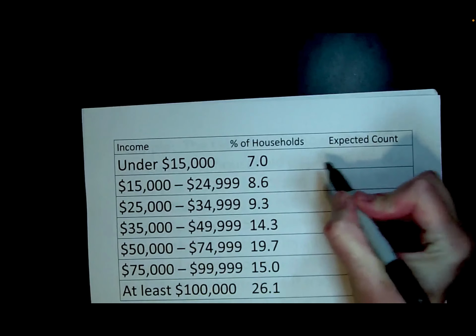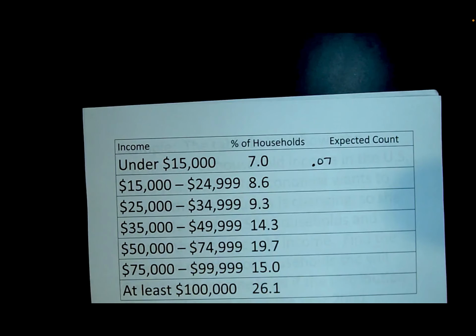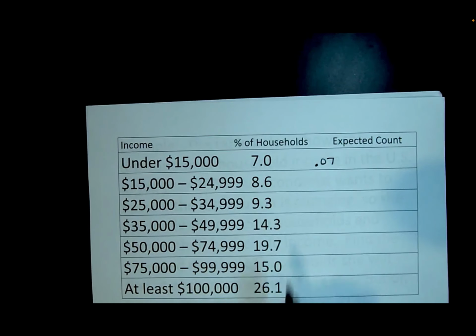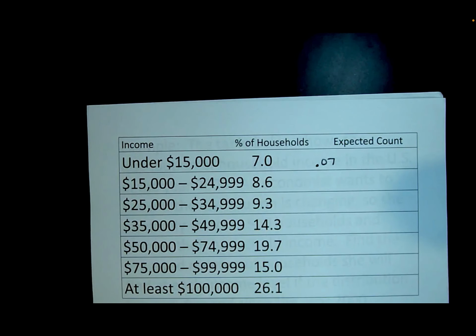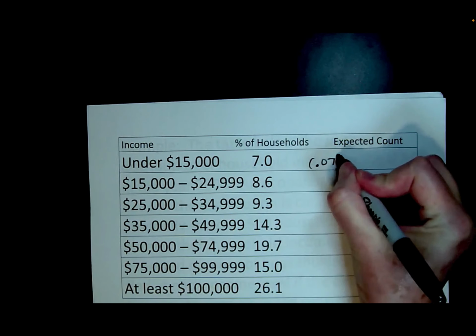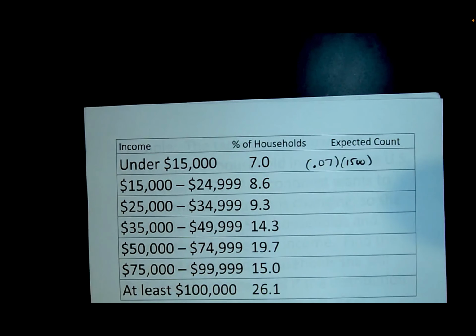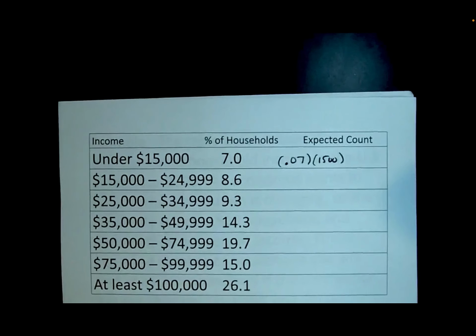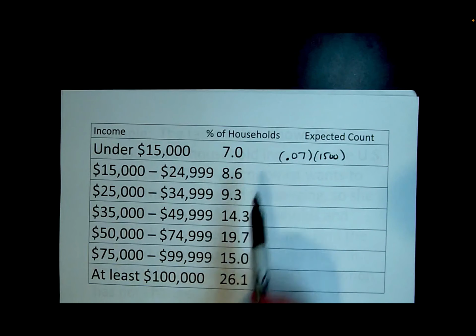Well, 7%, remember when you calculate with percents, you always put them into decimal form. So 7%, I'm going to compute with this 0.07, 7% of the 1,500 households that she sampled, 7% of them would I expect to be in this category.